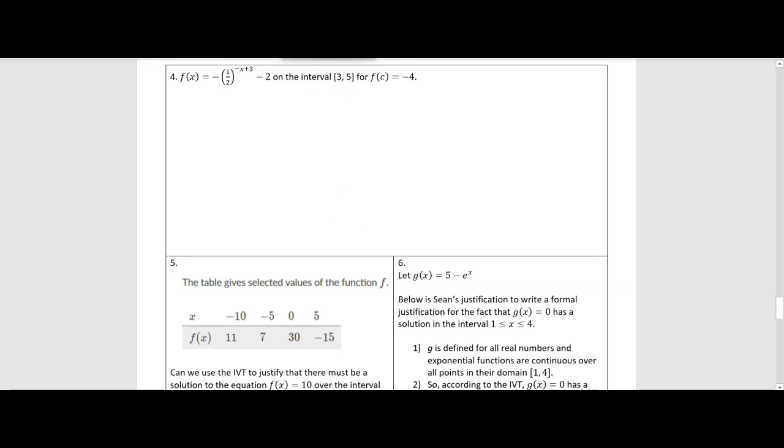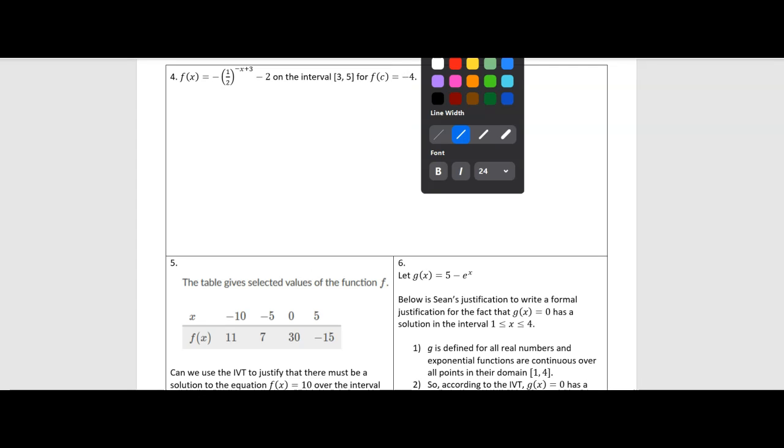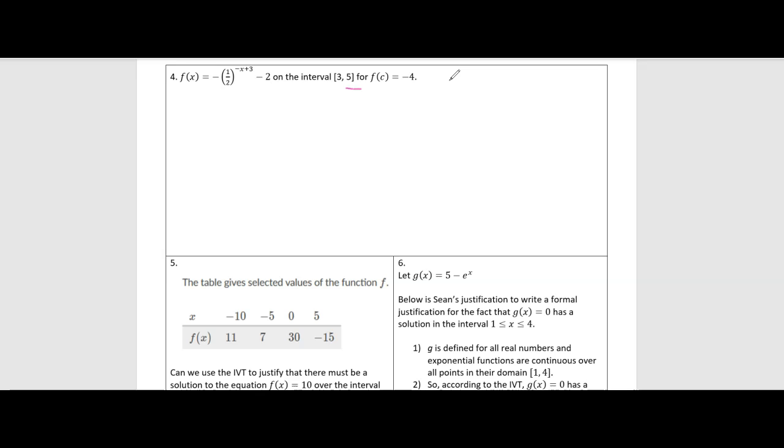Number 4 gives us a function f of x, and our interval is from 3 to 5, and we're looking for an L value or an f of c value of -4. So first thing to check is to see if the function is continuous over that closed interval. Just to be clear, that -2 is part of the function.